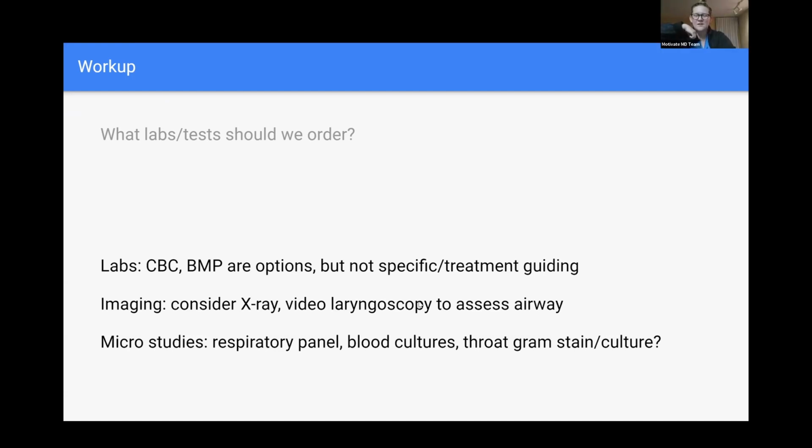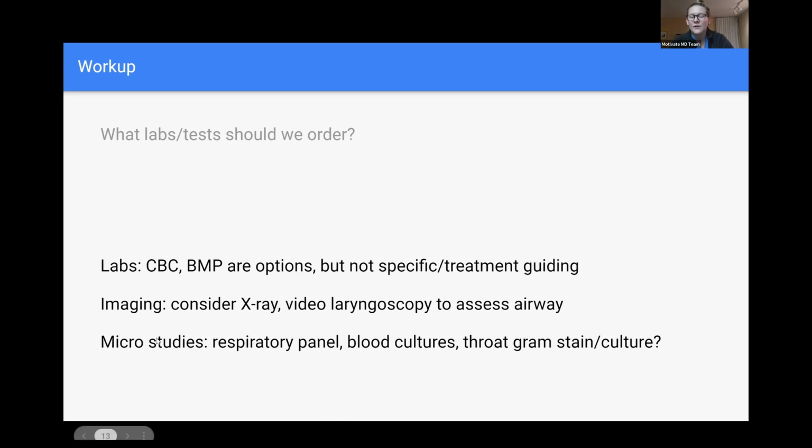So it doesn't cross your vocal cords and go all the way down to your lungs, but it gives you a really nice visual of the airway above the vocal cords. And so that can be used. And I have a video in here to show you guys what that would look like in a couple of slides. But the X-ray, I would say, is one really good idea.